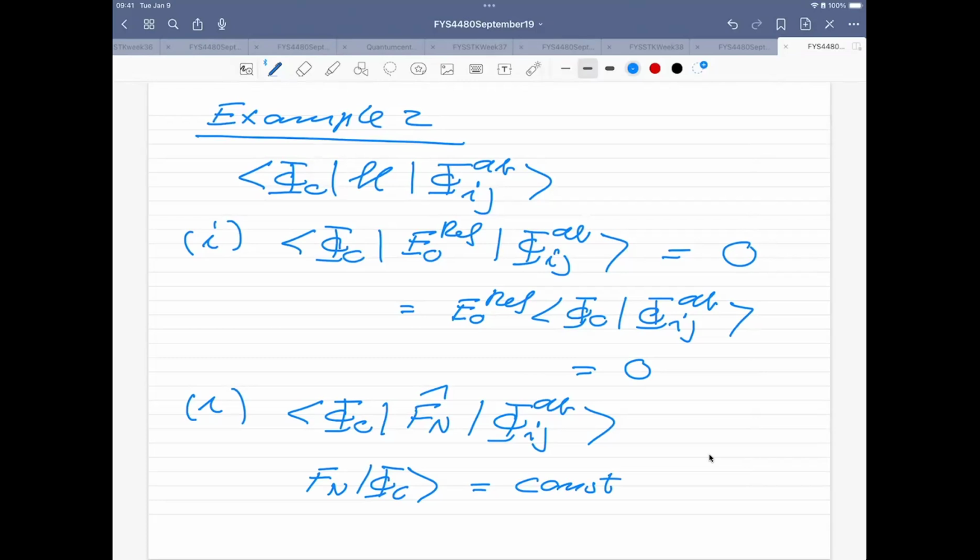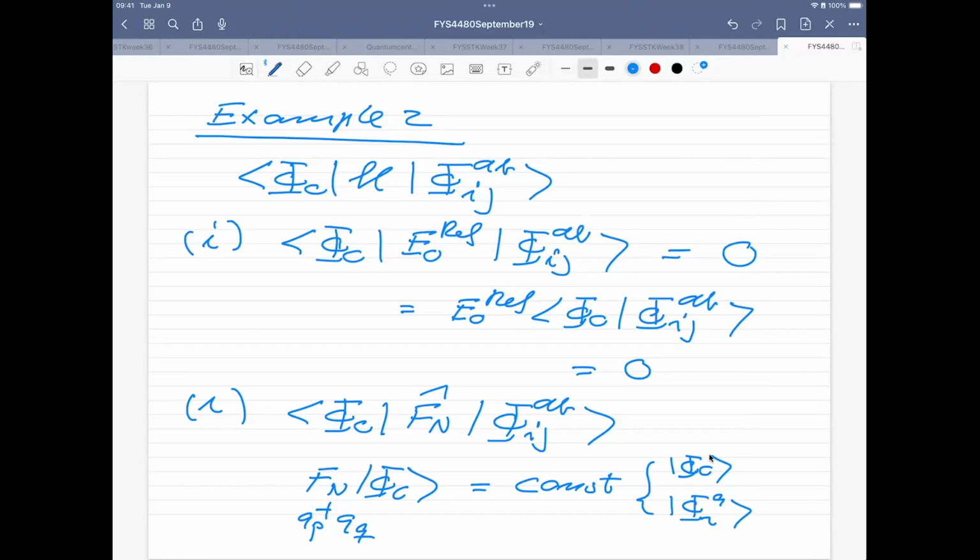Because this is an operator which goes like a_p dagger a_q. So it can produce phi 0 by just annihilating one particle which is in phi 0, and just recreating it back. So it could create a constant times phi 0, but then it could also create a state like phi i a here. It could create a particle-hole state. So these are the two possibilities of the action of that operator.